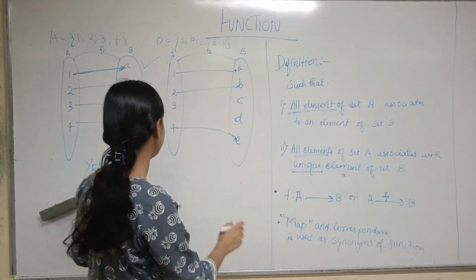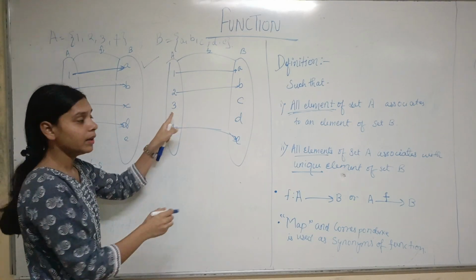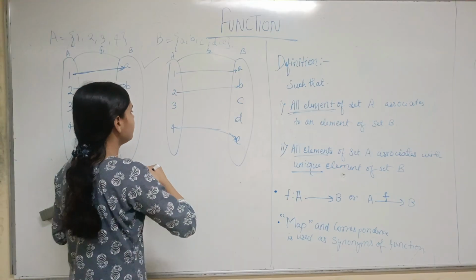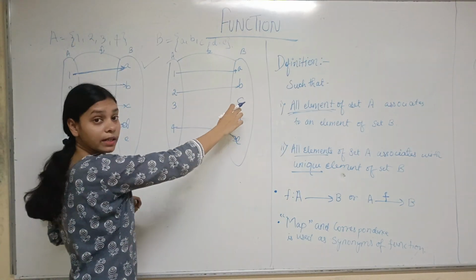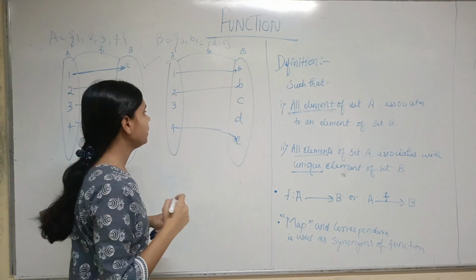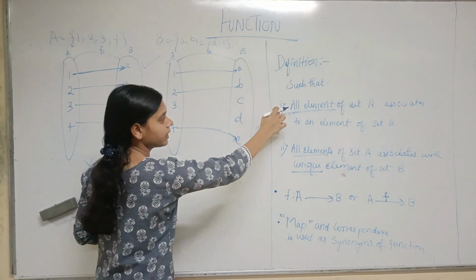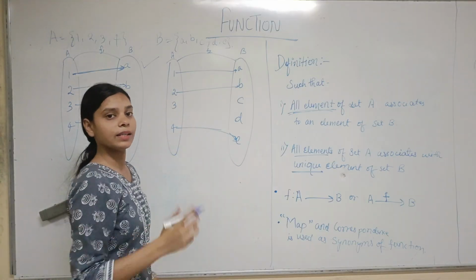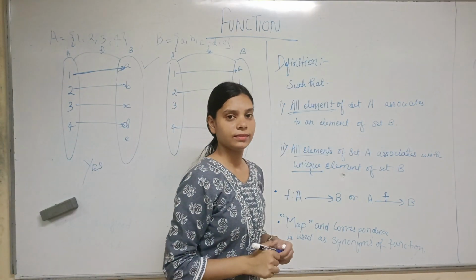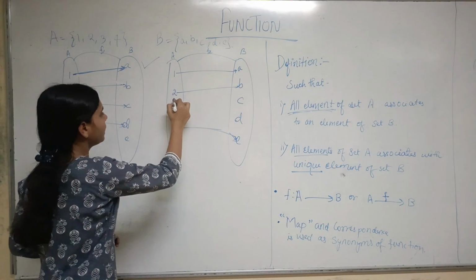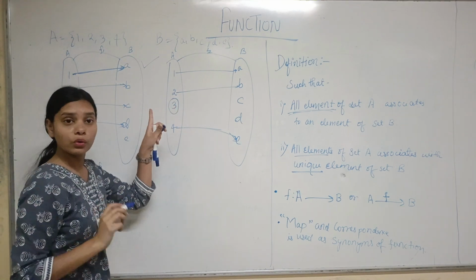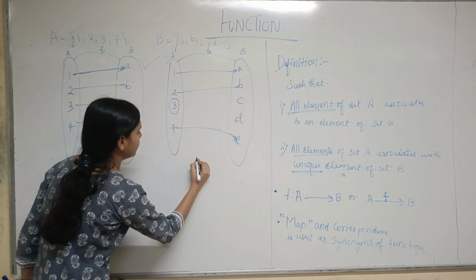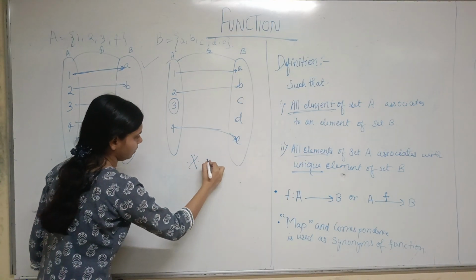And 3 is also here, but there is no association of C. There will be no connection of C to an element of set B. So this condition is not satisfied here. We cannot say that F2 is a function, because there is no association of element 3. So we can say that this is not a function.